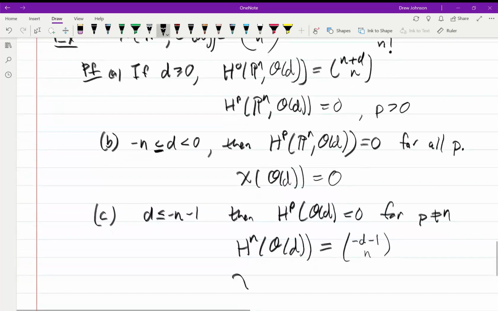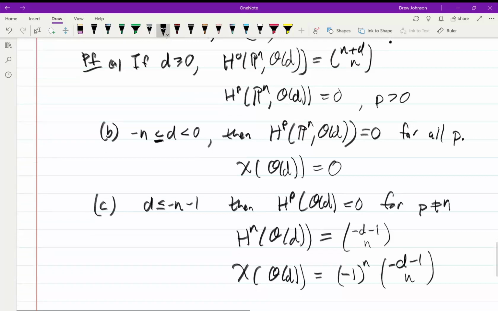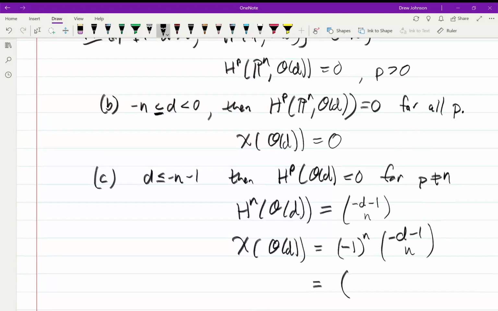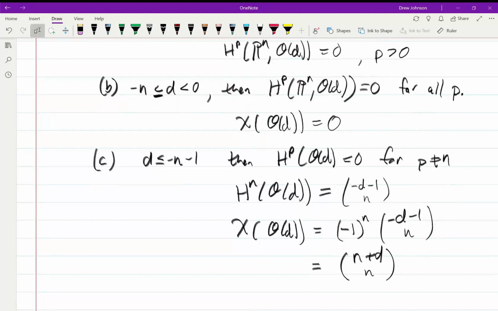So that tells you that the Euler characteristic of O(d) will have to be minus 1 to the n times minus d minus 1, choose n. That's actually the same as what we want. I'll let you think about this binomial identity here.